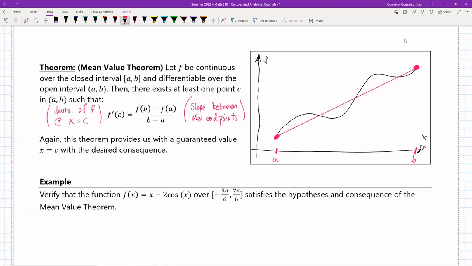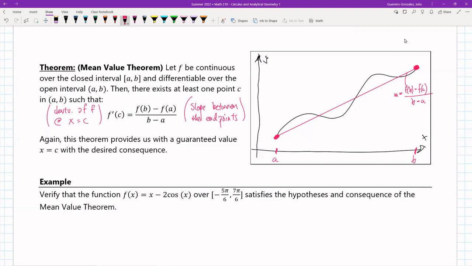This line has a slope M equal to f of B minus f of A all over B minus A. The mean value theorem says that we are guaranteed at least one value, a point C, such that when we take the derivative of our function at that value C, it has the same slope as this line.